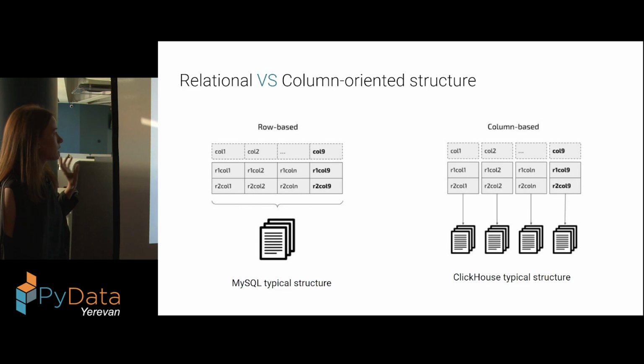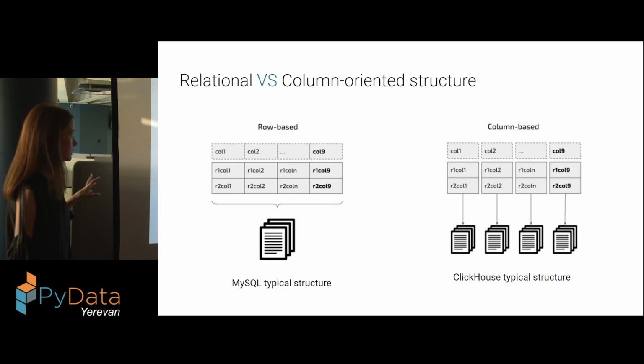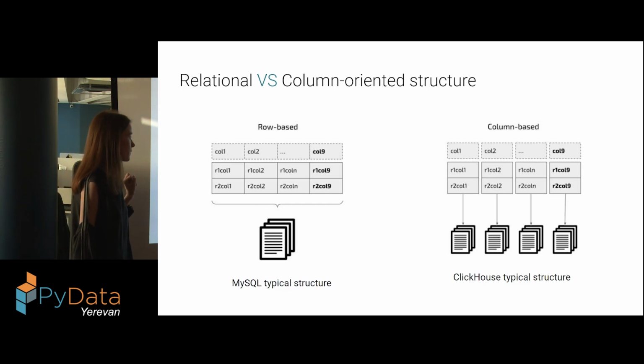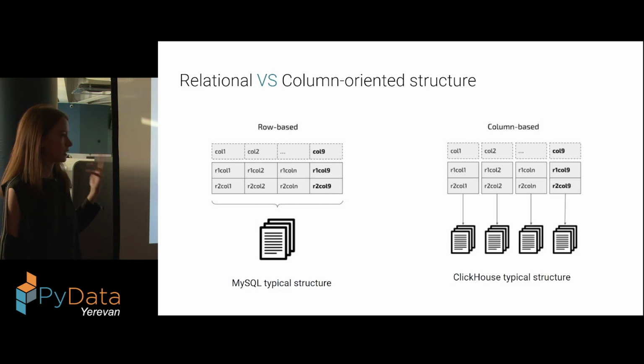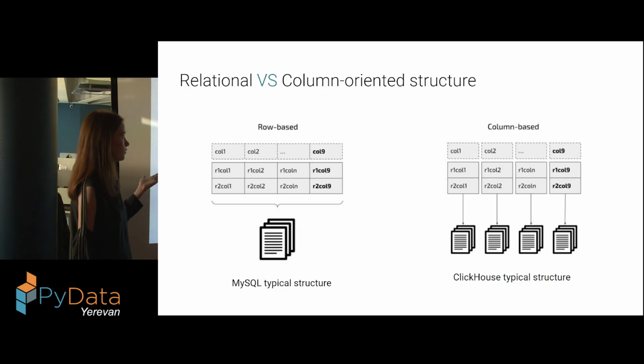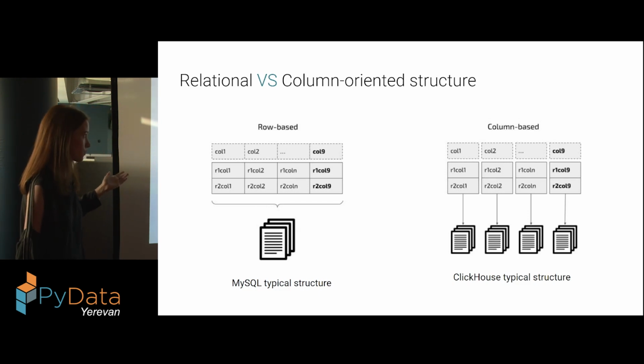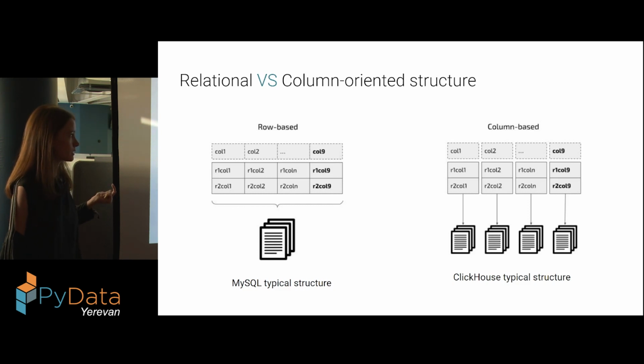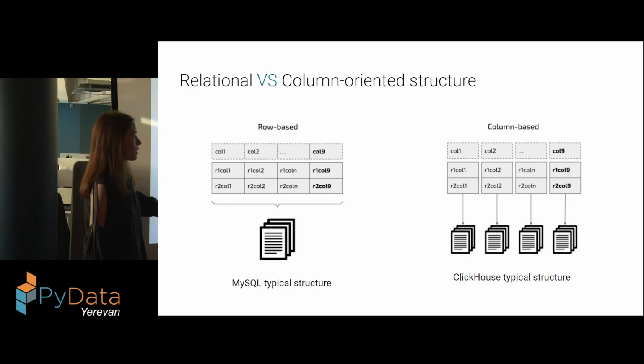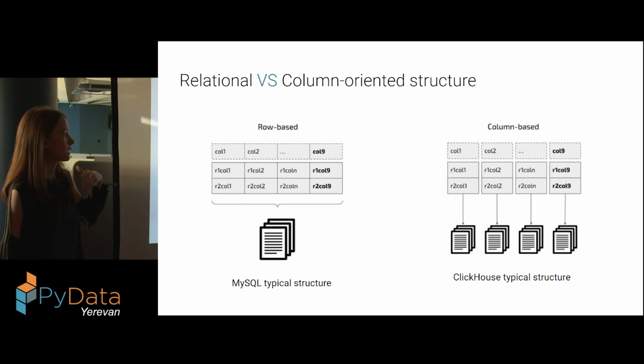So now we can look more closely at the comparison between relational databases and column-oriented structures. When you store your data in relational databases, you just put your data in rows and read them as rows. While in column-based databases, for each column you have like a folder in your memory, and you access this particular folder via select.